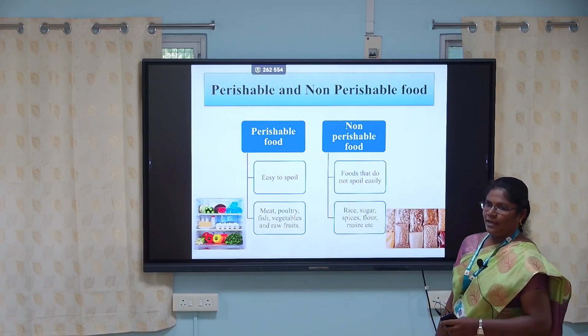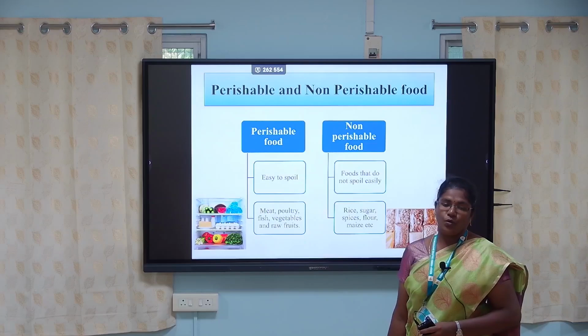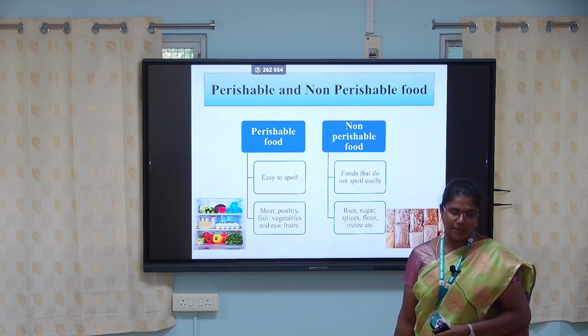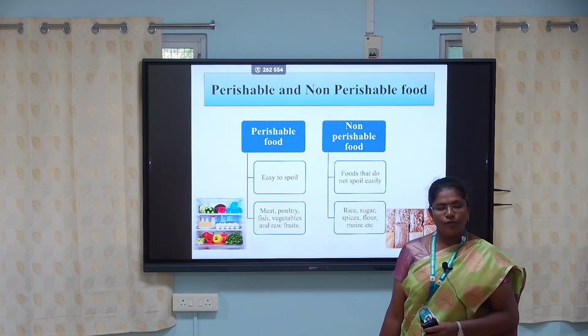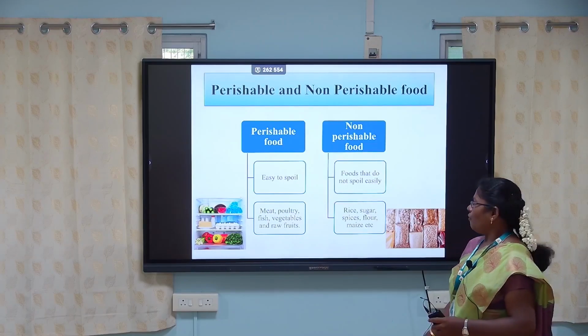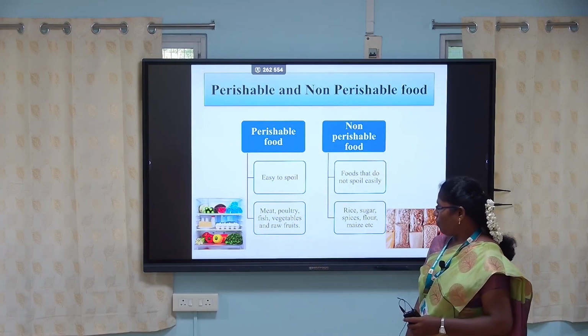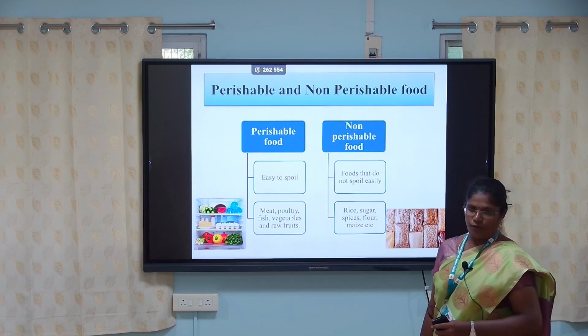As it has a moisture content of more than 50%, it has to be stored at a temperature which doesn't allow the microorganisms to grow. Mostly refrigeration condition, that is from 0 to 5 degrees Celsius, is sufficient for maintaining these perishable food products. Examples are meat, poultry, fish, vegetables and raw fruits.